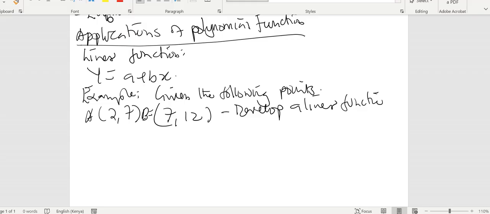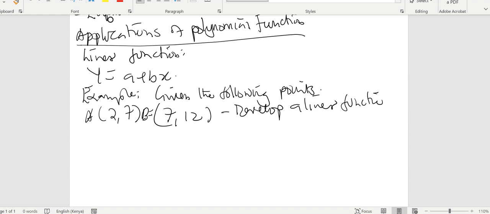So I think this is where we have a graph of y and x, where y is the vertical axis and x is the horizontal axis. We can take the first representation to be x, and the second representation to be y.